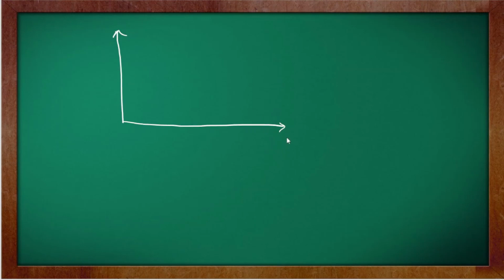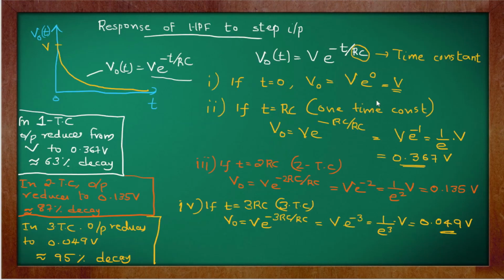Okay, so this is t, this is V naught. The response to a step function is nothing but an exponential decay. Initially at t equal to 0, it is V. We have seen that at t equal to 0, it is V. Now what happens if t is equal to RC, 1 time constant?